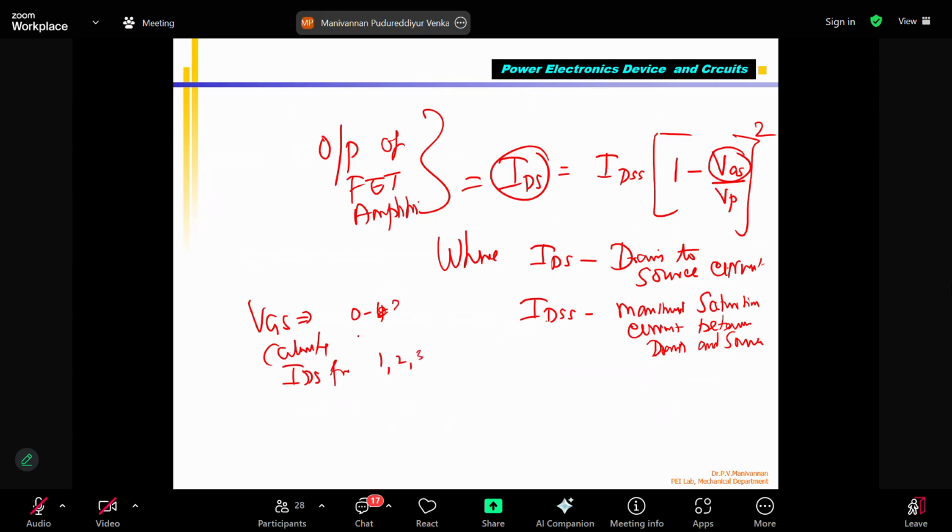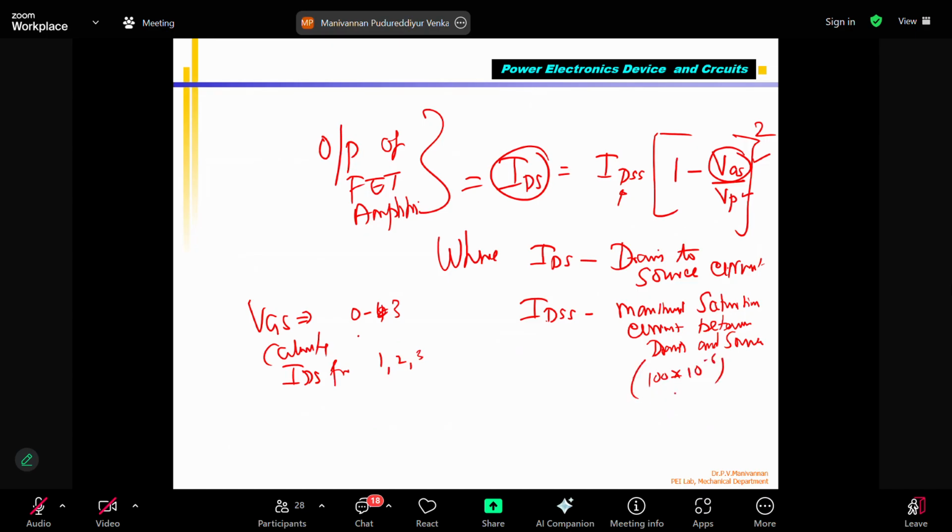I can say 0 to 3 volts is 3 steps. So in this formula, VGS will vary, VP will be constant. The IDSS will be given in the problem, in your FET amplifier, the maximum saturation current flowing is given as, say, for example, 100 microamps. Correct? 100 into 10 power -6 is provided.